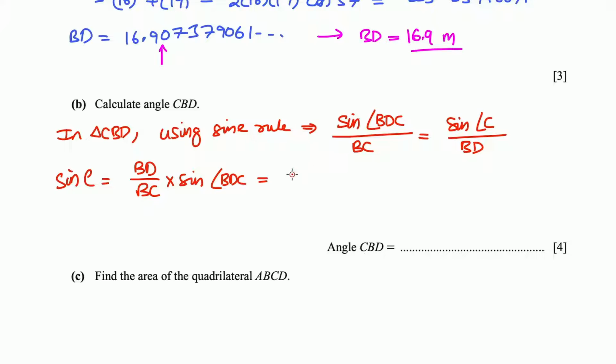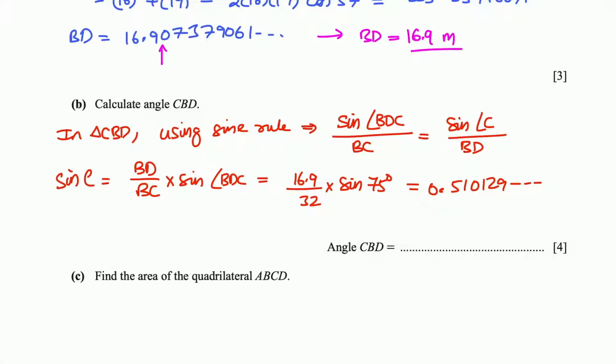And we know all the values. BD we just found out to be 16.9, divided by BC, which is given to be 32, into sine of the angle, which is 75 degrees. So 16.9 divided by 32 into sine 75 degrees is equal to 0.510129 and so on.